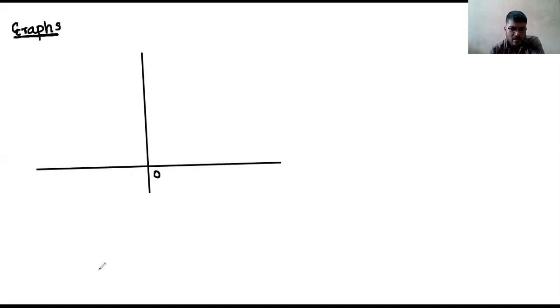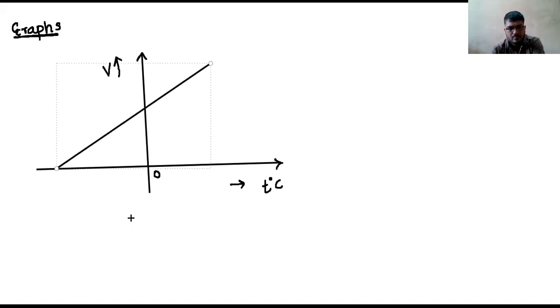And if I plot a graph with temperature in degrees Celsius on the x-axis and volume on the y-axis, then the nature of this graph will be something like this. And if I find the slope, which is making angle theta here, it cuts the intercept at minus 273 degrees Celsius. This point is A, this point is O.